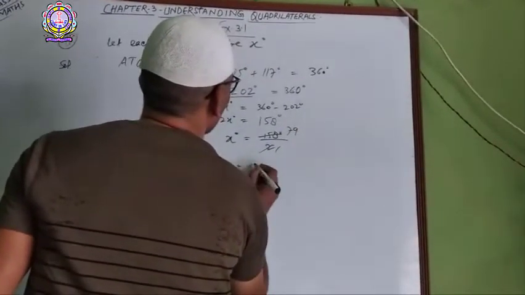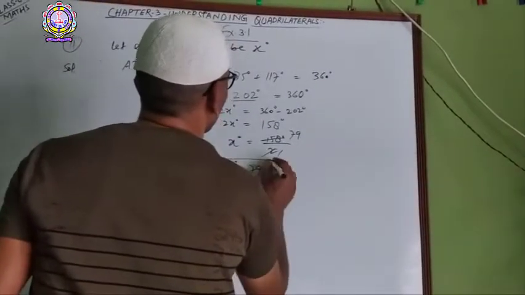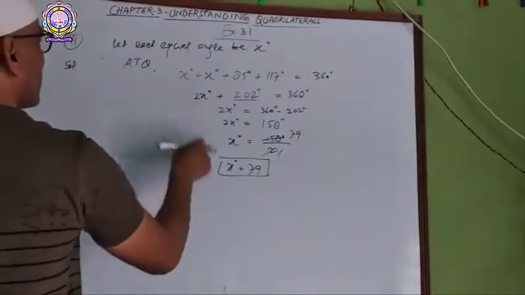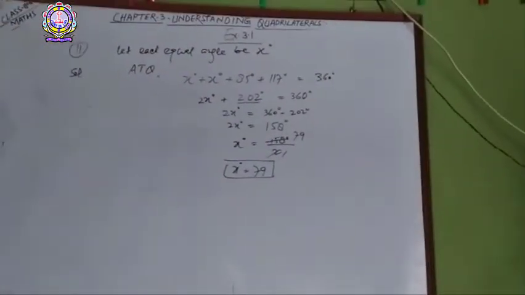So x is equal to 79 degrees. This is your answer. Each equal angle will be 79 degrees and 79 degrees. Now write down this.